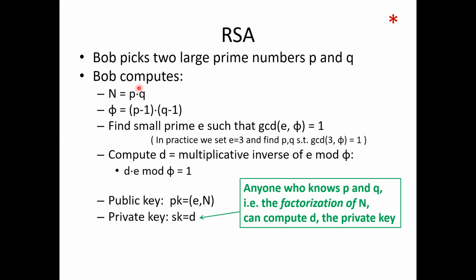If there was an efficient factoring algorithm that worked efficiently on integers created as products of two large primes, then given the public key, the modulus n, I would feed it into the factoring algorithm, I would get P and Q, I would compute phi, I would run the extended Euclidean algorithm to compute D, and I would have the private key. So factoring must be hard for RSA to be secure.